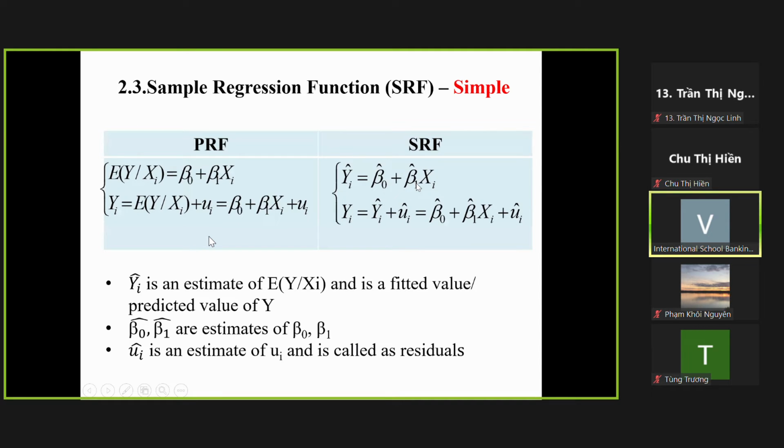If you read any books or papers and you see a function with a hat notation like this, you know that the authors can only observe the sample, not the population.